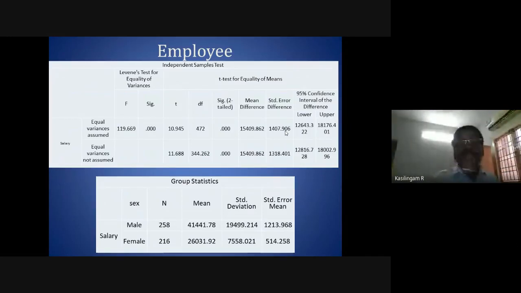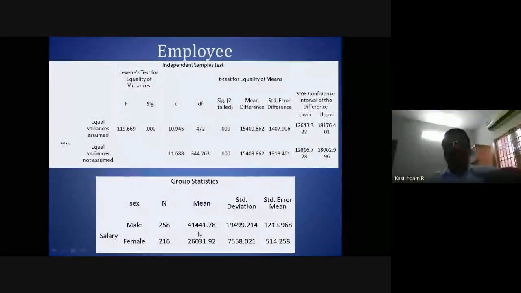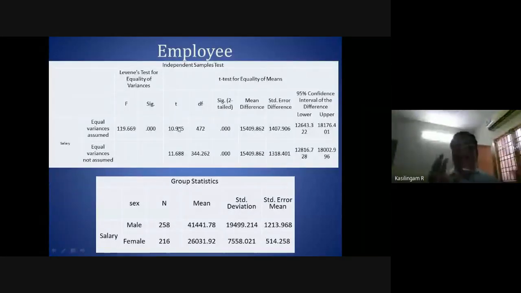So the t value is the mean difference, x1 bar minus x2 bar, divided by the standard error. If x1 bar is less, the mean difference will be negative, so my t value will also be negative. So we need not worry. We are looking at the values.